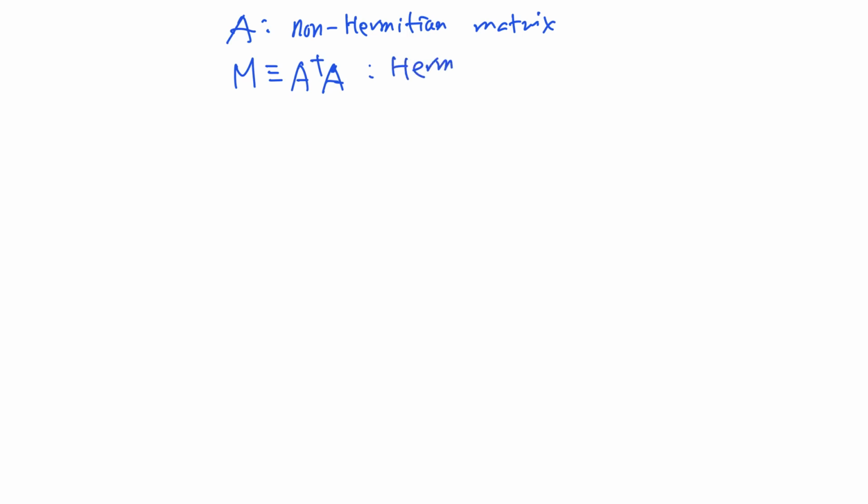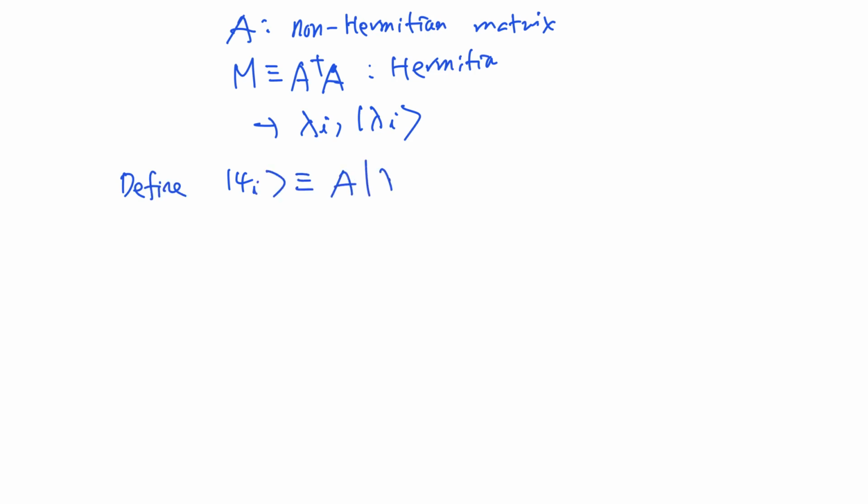A is a non-Hermitian matrix. But M is Hermitian. From this we have eigenvalues and eigenvectors, right? So we define some vectors: phi i is A times psi i.